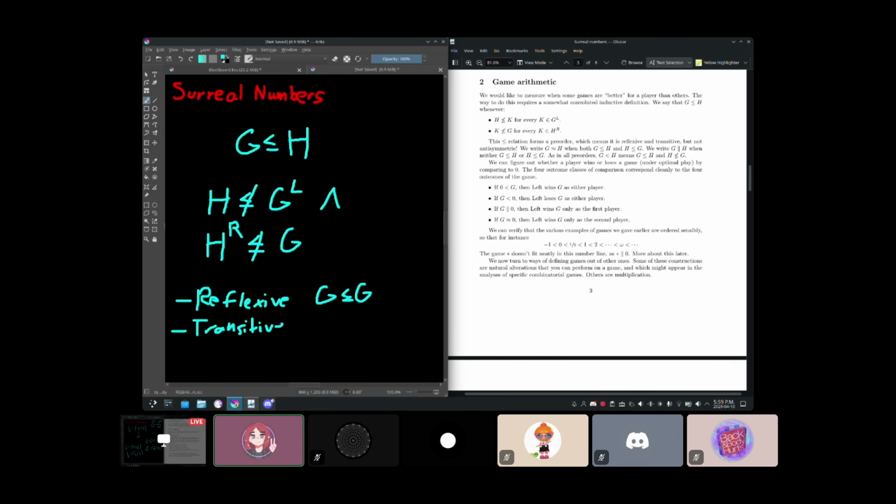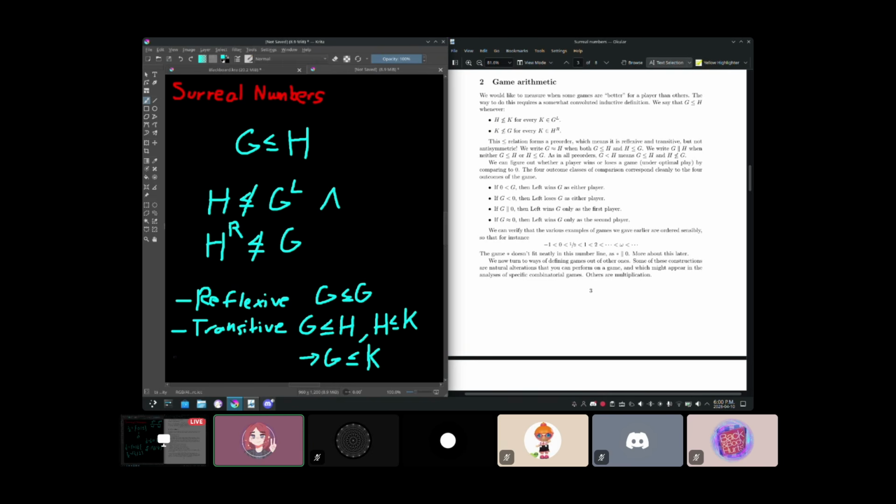This is a pretty tedious proof to do inductively, and again, I'm not going to be doing any proofs here, so you'll have to take my word for it. But what transitive means is that if G is less or equal to H, and also H is less or equal to, say, K, then G is going to be less or equal to K. So that's nice: reflexive, transitive.